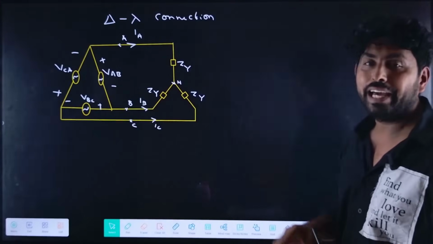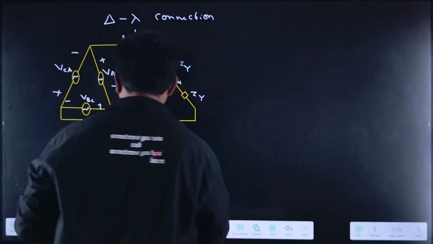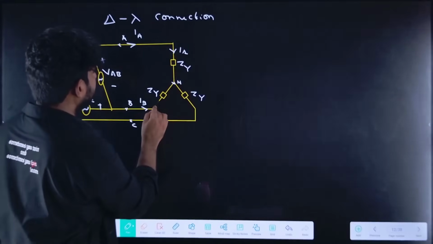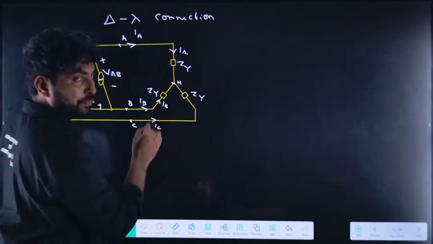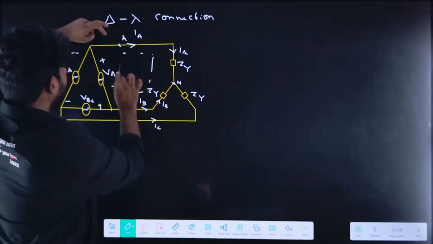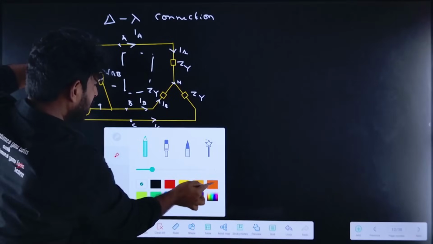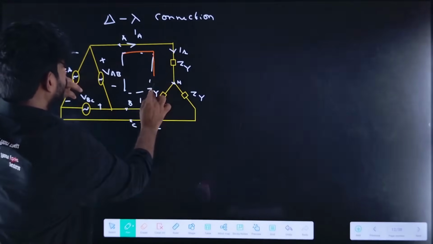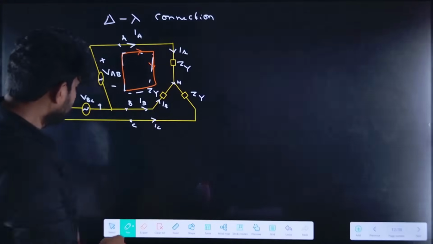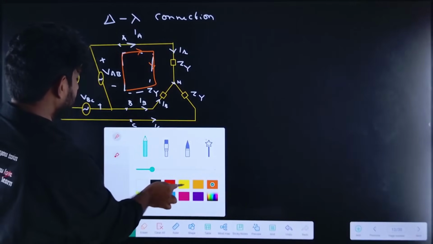Now I need to find IA. How can I find IA? There are IA and IB. If I apply KVL in this loop, what will the voltage equations be? Let me write them.